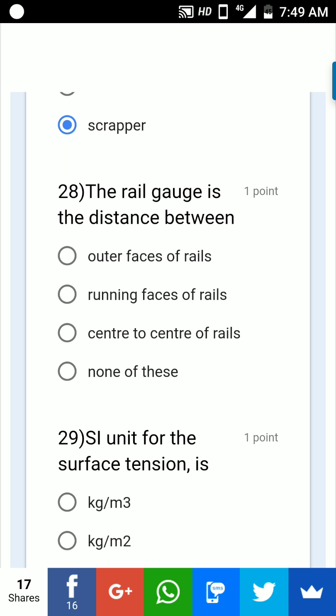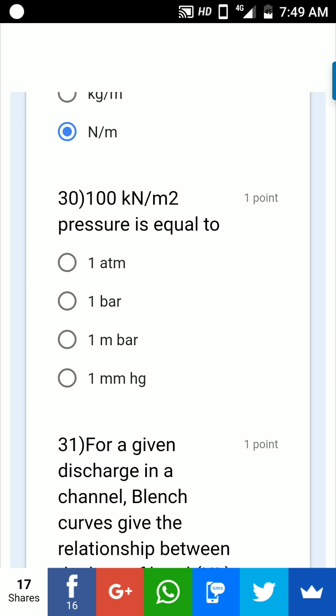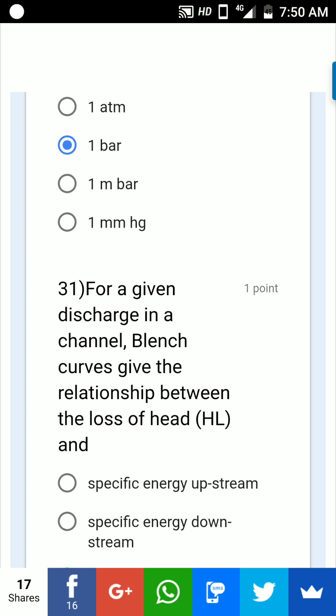The rail gauge is the distance between the running faces of the rails. SI unit of surface tension is Newton per meter. 100 kilonewton per meter square pressure is equal to 1 bar.